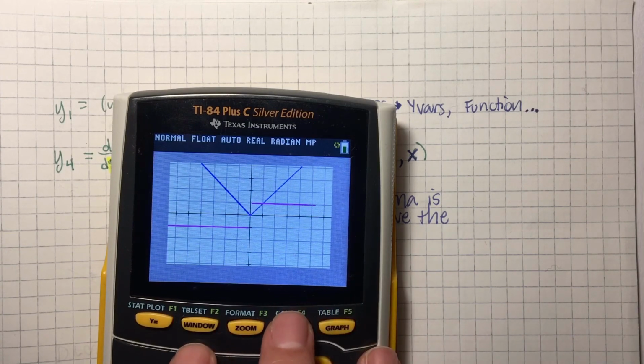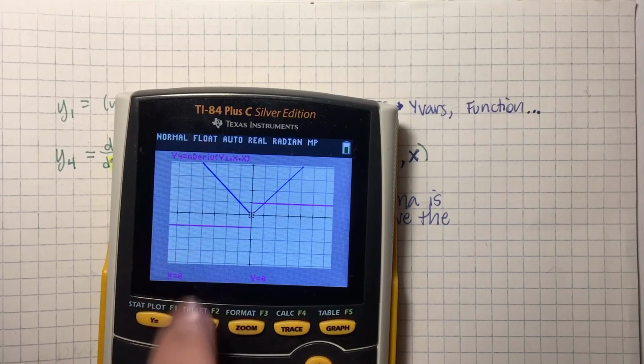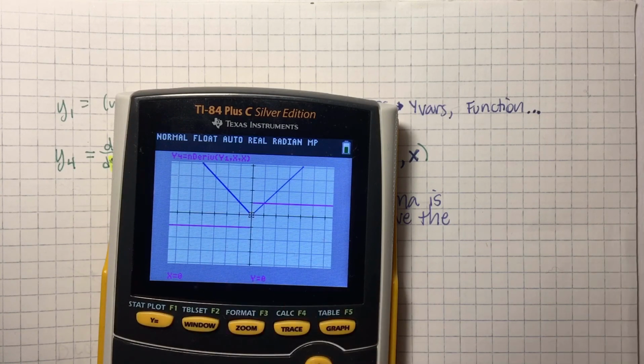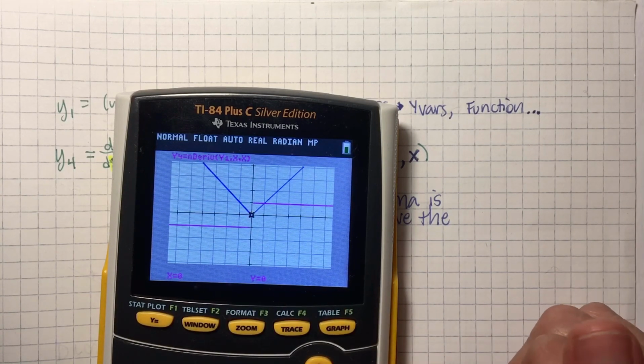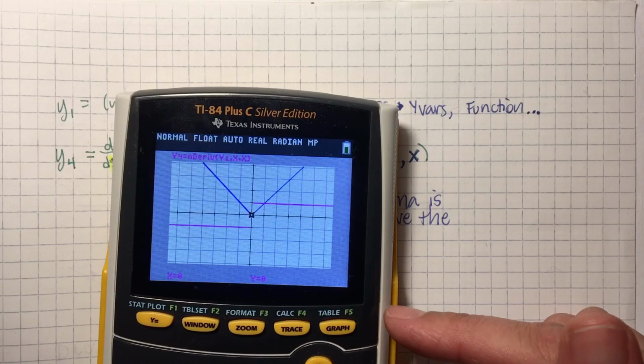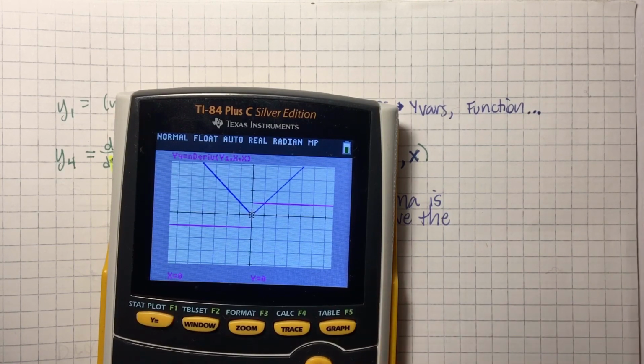But my calculator is going to tell me that the value of my derivative at 0, like if I hit trace and go down to my y4, it tells me my slope is 0, and that's because of that symmetric difference quotient. It's going to each side of the 0, 0, and finding the slope, which is going to be a 0. So we have to know about how the calculator is programmed so we can know why it's wrong, or if it's wrong, rather. It's generally right, though. And now you have a new calculator trick.